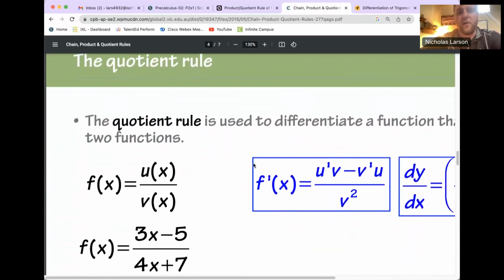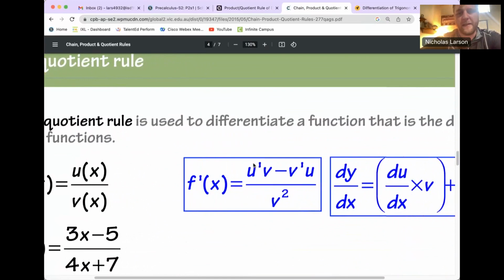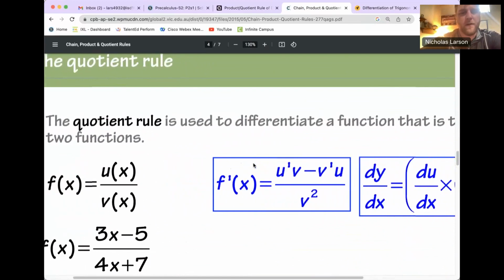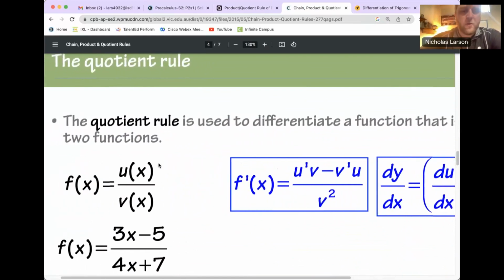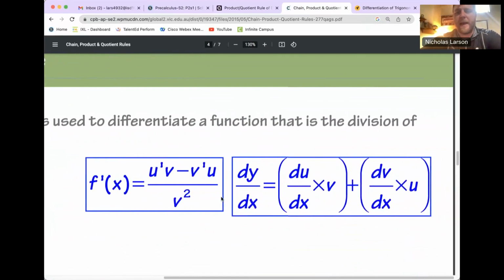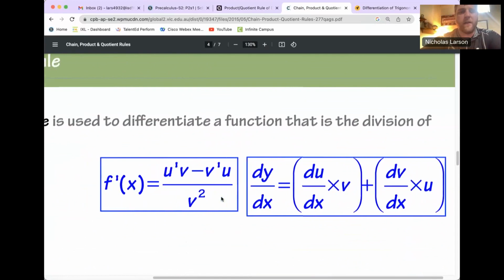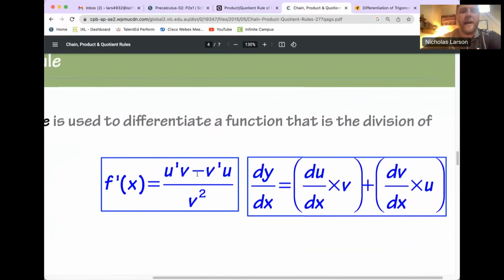The quotient rule is a little more complicated. We've got the numerator and the denominator, also known as the top and the bottom. The saying I use to help me remember is: low D high minus high D low, and over the square of low we go.